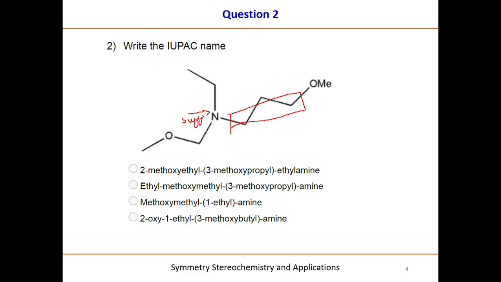Okay. Now we have to find out the substituents present on the parent chain. Here you can see the substituents are this methoxymethyl group and this ethyl group. So we will write in this way. First of all we have to write the prefix name. These are two substituents, methoxymethyl and ethyl.